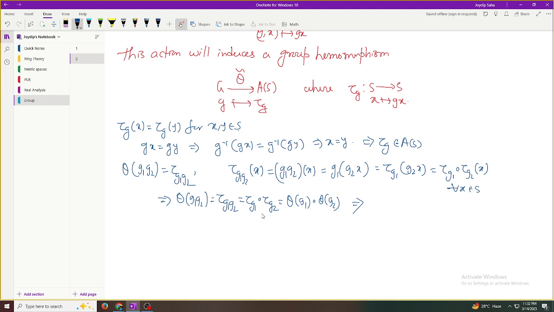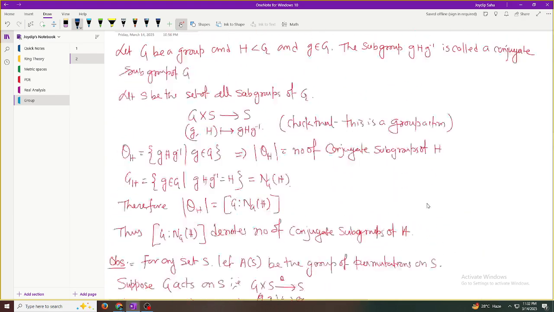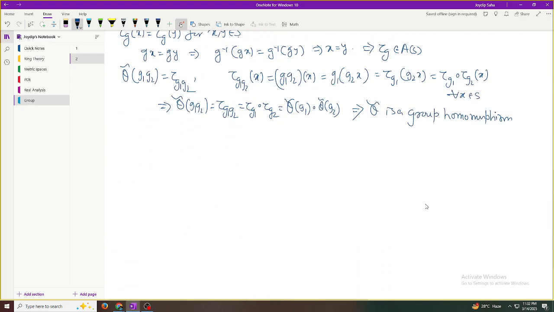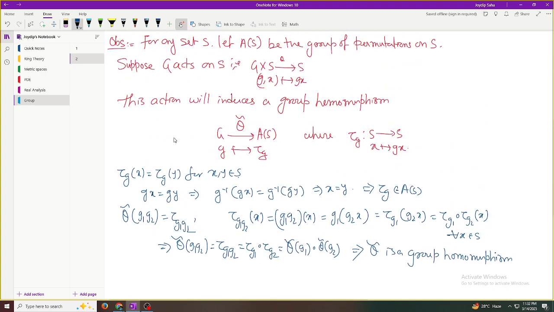Theta tilde is a group homomorphism. If you have any question, please ask me. So theta tilde is a group homomorphism.